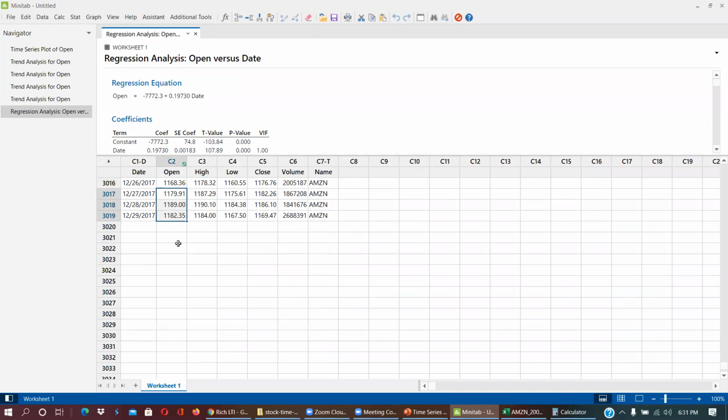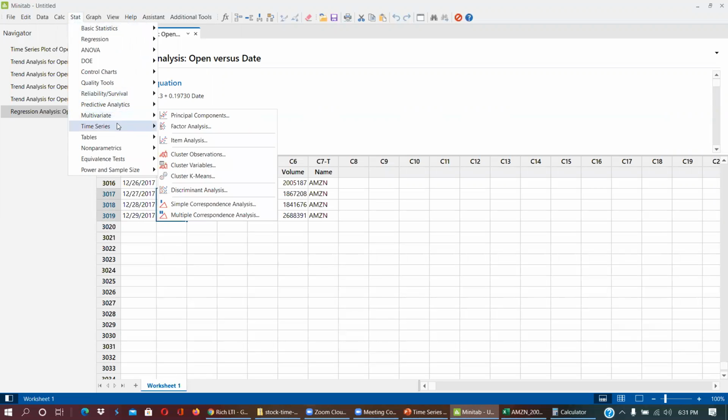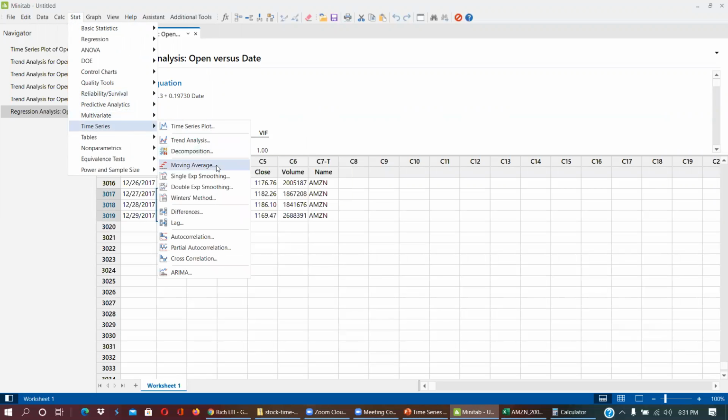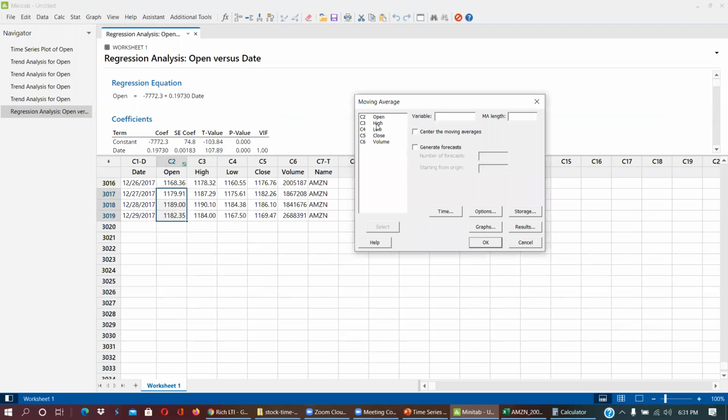In Minitab, I go to Stat, Time Series, Moving Average, take the variable Open, moving average length 3, center the moving average, and generate a forecast for, let's say, 3 forecasts.